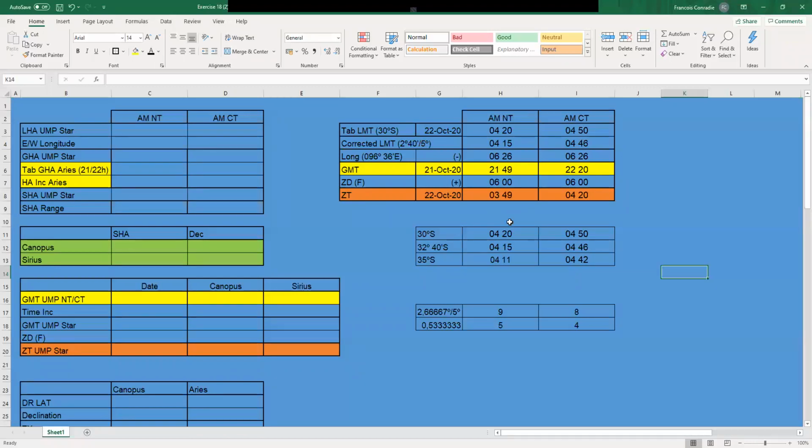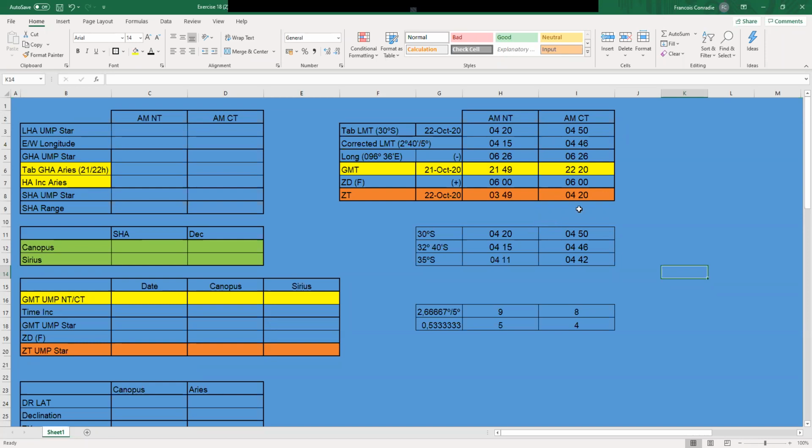So the following morning, between 0349 and 0420, 0349 will be nautical twilight and 0420 will be civil twilight. That 31-minute interval will be the best time for star sights.